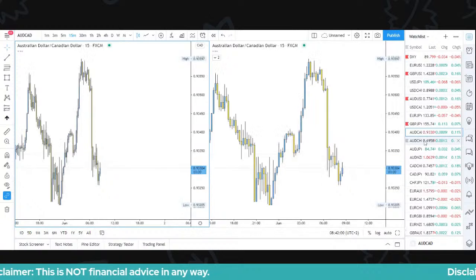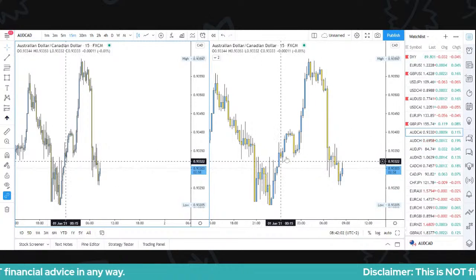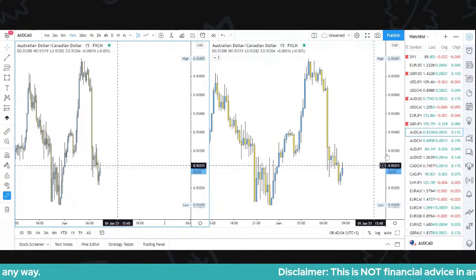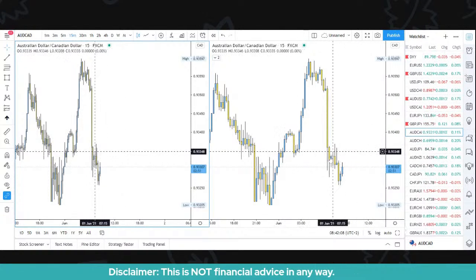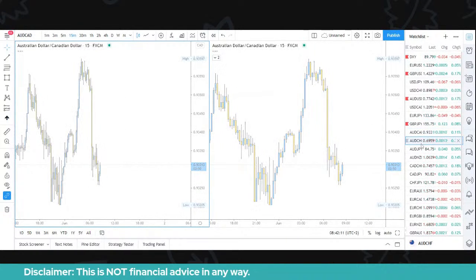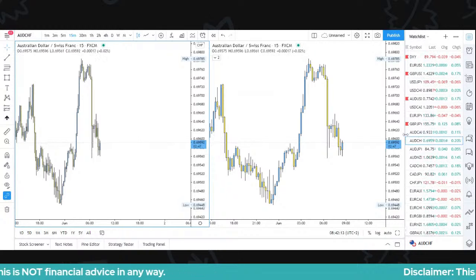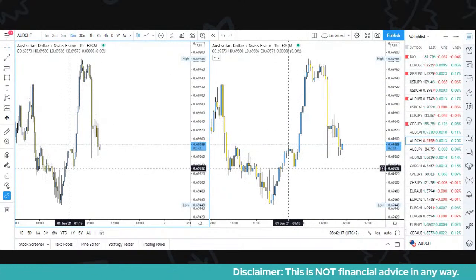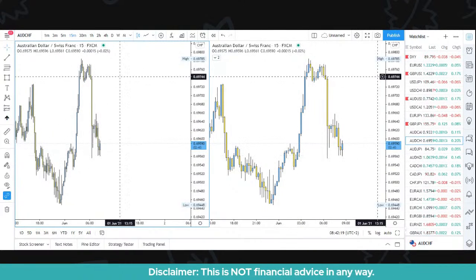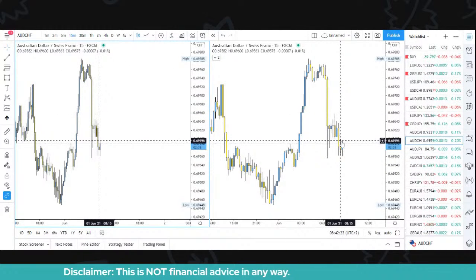Okay, so let's check what the rest of AUD is doing. This AUD CAD kind of looks similar to AUD USD, just the fact that we actually broke structure. AUD CHF looks similar. Bullish structure still holding. We have a lot of bearish pressure in the market.